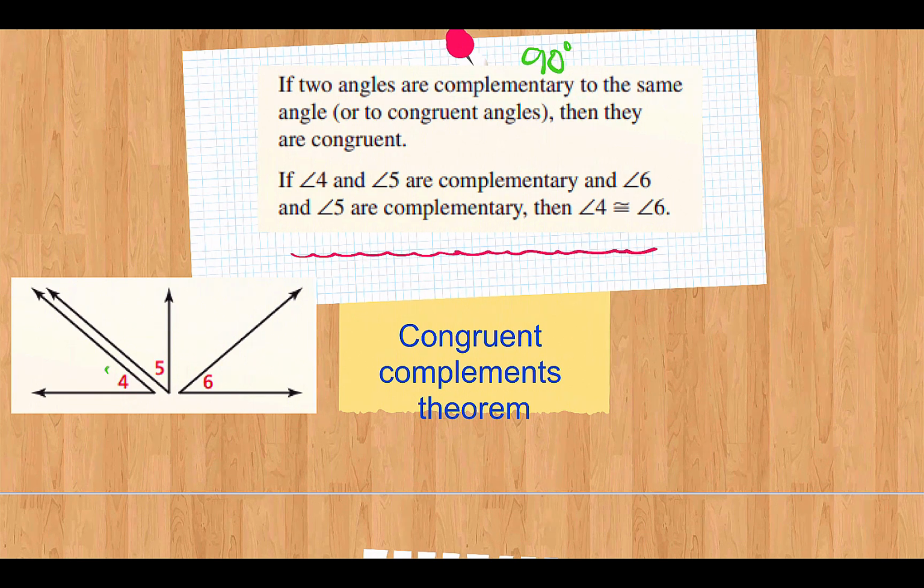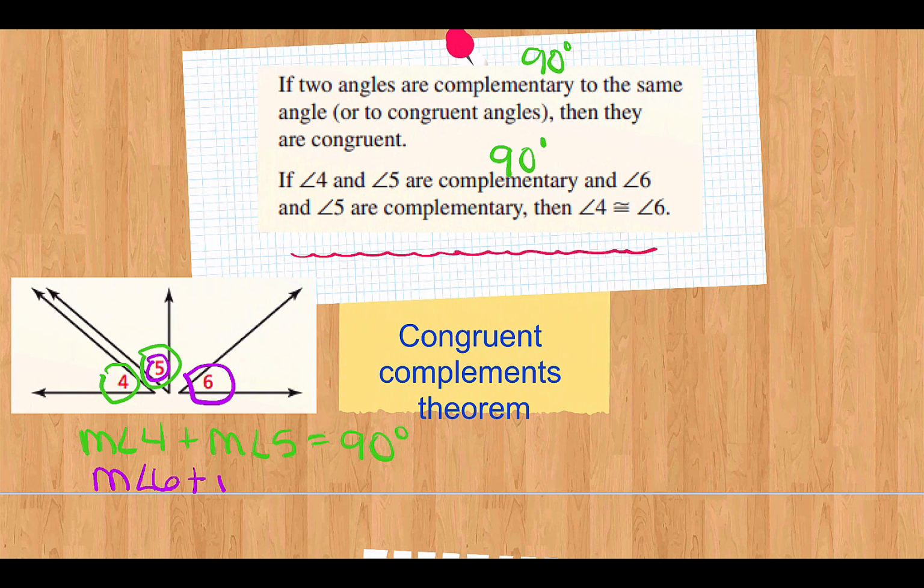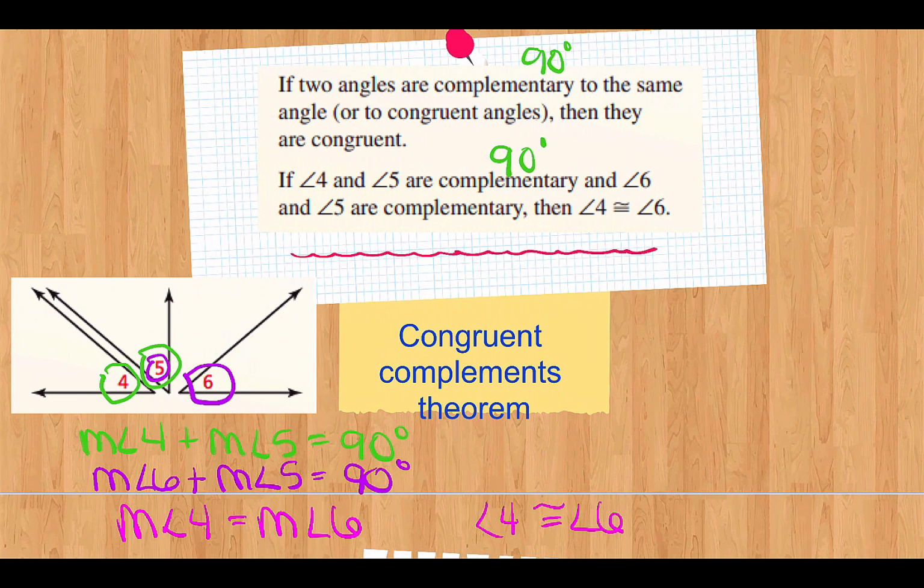So if angle 4 and angle 5, so the measure of angle 4 plus the measure of angle 5 equals 90 degrees, because they are complementary, and angle 6 and angle 5 are complementary, then we know that the measure of angle 4 is equal to the measure of angle 6, which means angle 4 is congruent to angle 6.